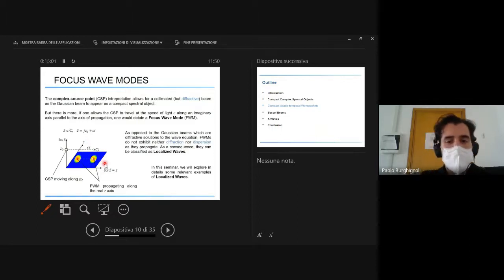And as we will see, this particular property of pulses that are confined along both the transverse and the longitudinal direction and travel while maintaining their shape unaffected is shared by most of the wave solutions that belong to the class of localized waves.